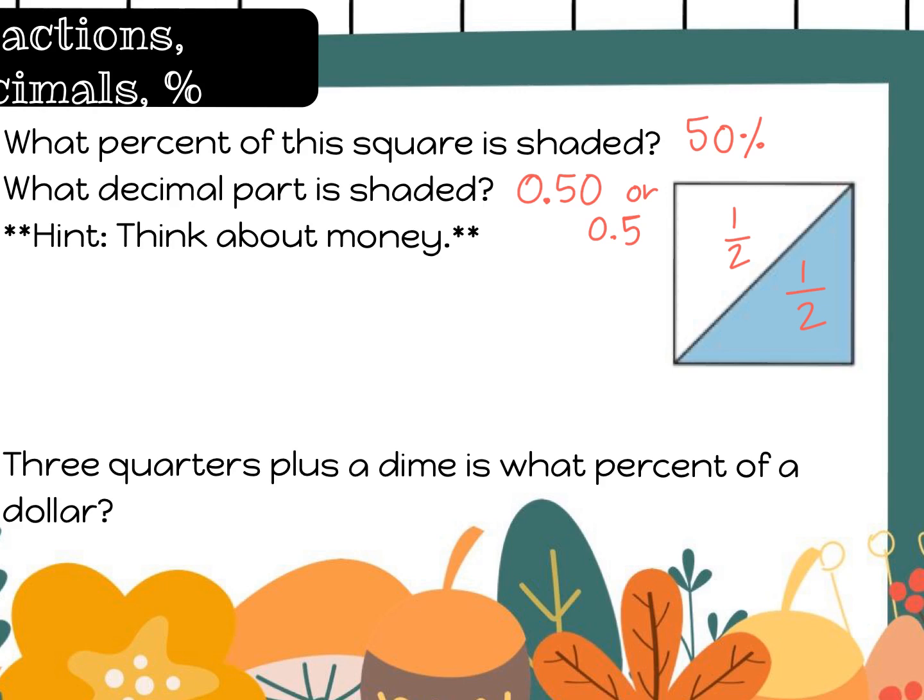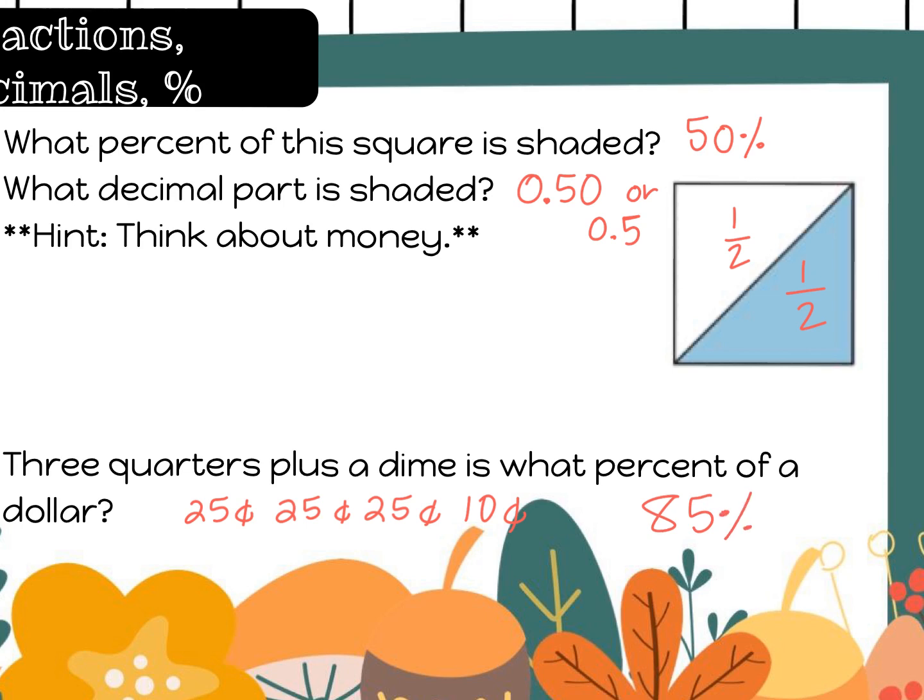Think about this: 3/4 plus a dime. So 3/4 is 75 cents, and 75 cents plus a dime is what percent of a dollar? Jeremy. 85% of a dollar. How do you know?